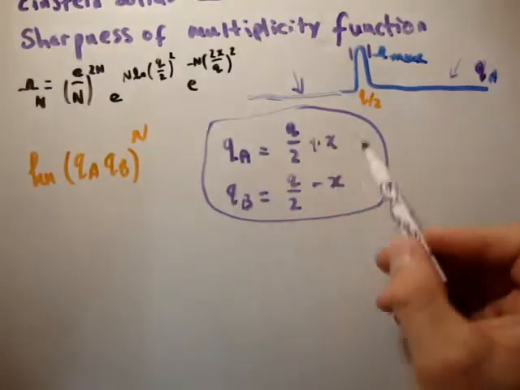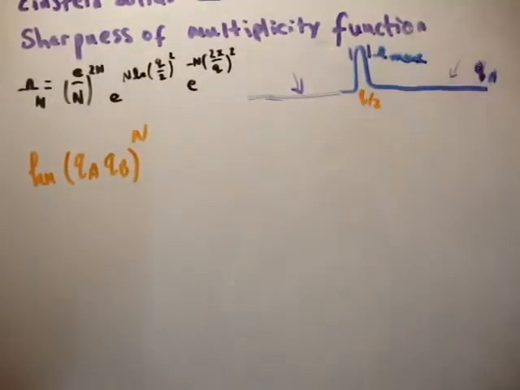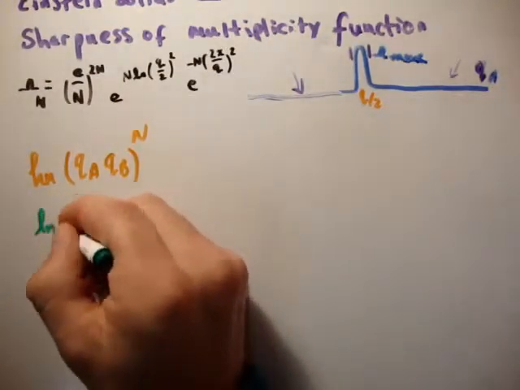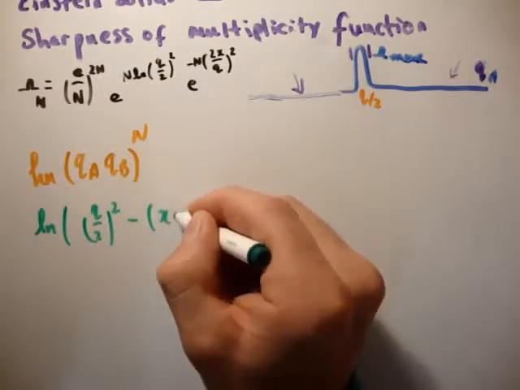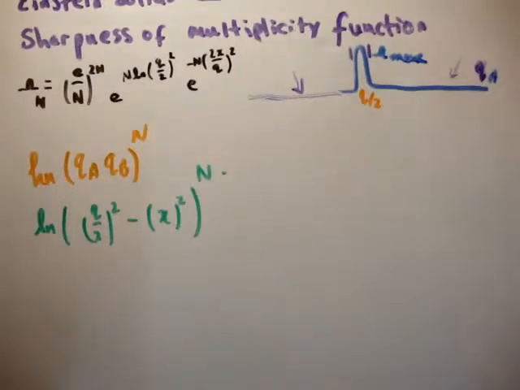So what we're going to do is plug both of these into this function here. Now you may realize that if you multiply the two of those together, what we in actual fact have is the difference of two squares. So if you don't see that, just multiply them out. But what we're going to have is (Q over 2) squared minus x squared, and we're going to have this factor of N in the power.